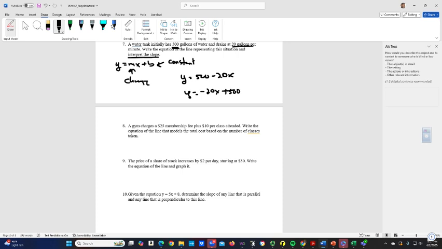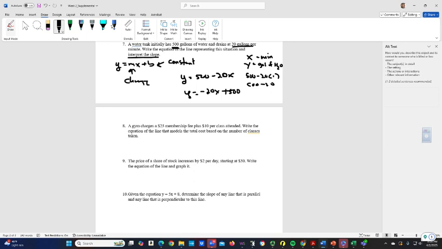But at any rate, this is saying, okay, how much water is going to be in the tank in 1 minute? Well, if x equals minutes and y equals gallons of water, in 1 minute we would say 500 minus 20 times 1, 500 minus 20, 480.